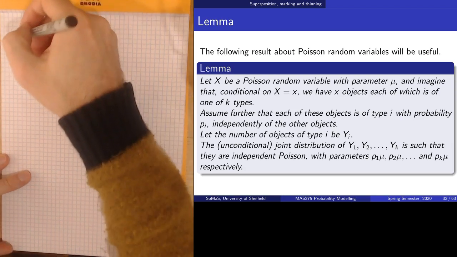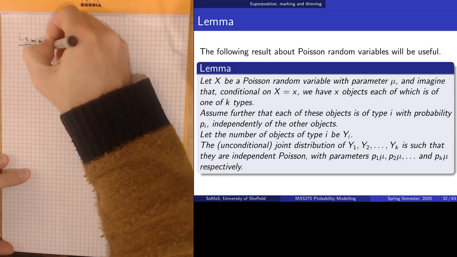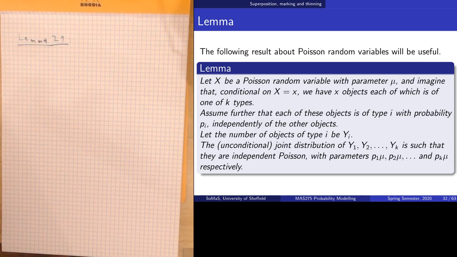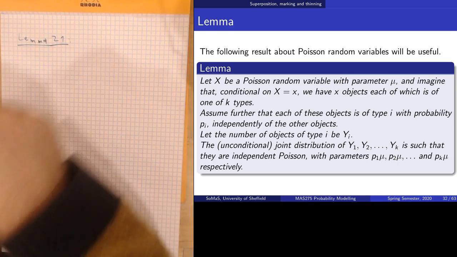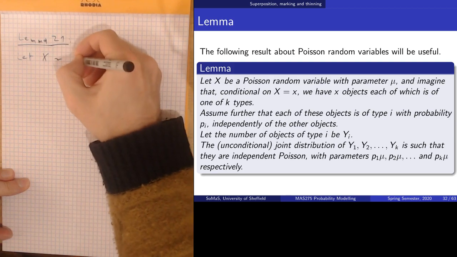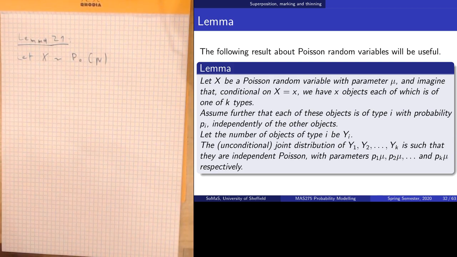Lemma 21. So we're given a variable X. So let X be Poisson with parameter mu.